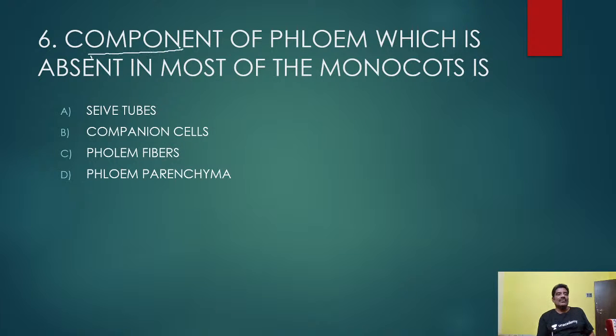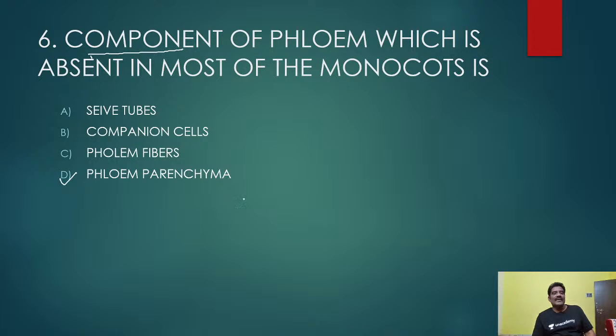Phloem is made up of sieve tubes, companion cells, phloem fibers, and also phloem parenchyma. Here you see, phloem parenchyma is the right option. Phloem parenchyma is absent in most of the monocots. Especially it is present in dicots.